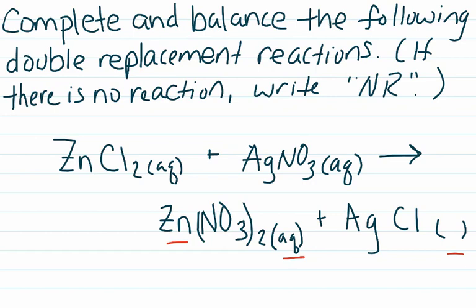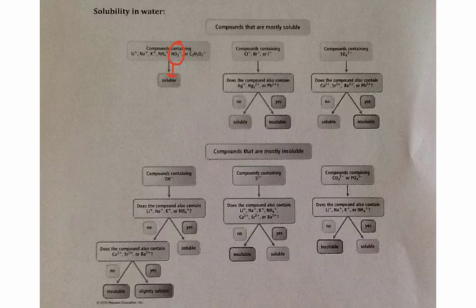Then, since this one's aqueous, we need to check and see if silver chloride is aqueous or solid as well. It's easiest usually to look for the anion. So let's look here, and we can find chlorine right here. Chlorine says, does a compound also contain, here it is, silver plus? Yes, it does. That makes it insoluble.